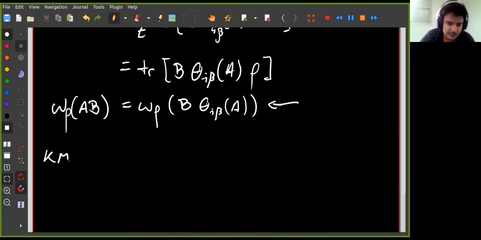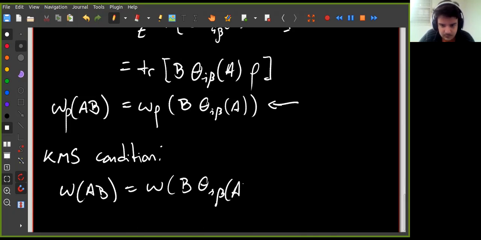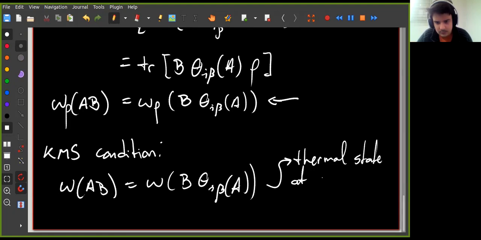This is called the KMS condition: omega of AB equals omega of B theta i beta of A. KMS is for Kubo-Martin-Schwinger, and this is our notion of what is a thermal state at inverse temperature beta.